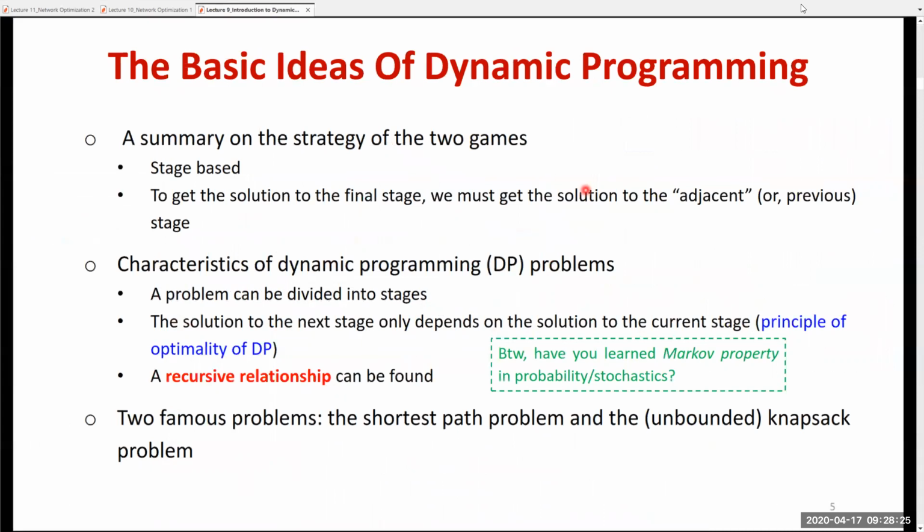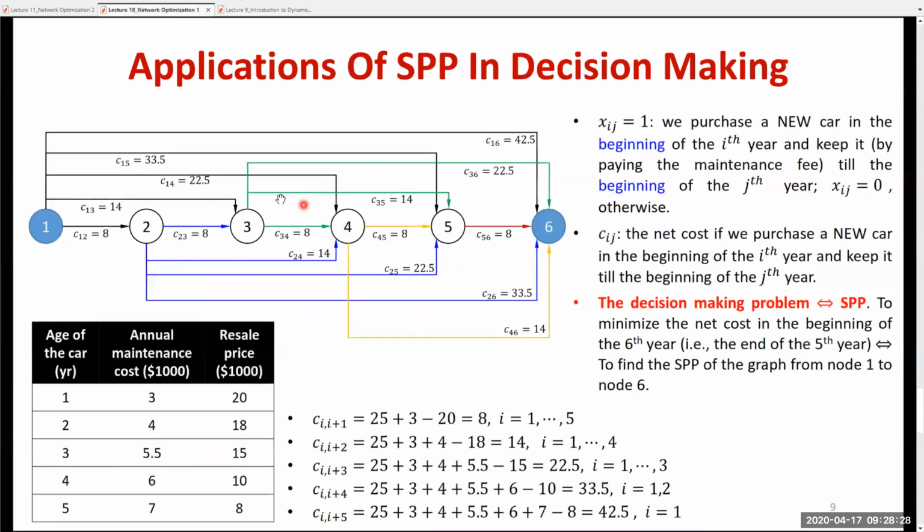And how about here? Very similar. The solution from 3 to 6 depends on the solution from 1 to 3. See it? And the stage-based is very clear because totally you have 5 years. You're gonna own the car for 5 years, right? And in this case, shortest path or more generalized DP.